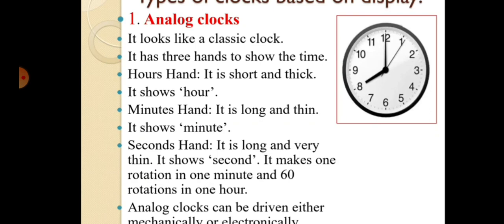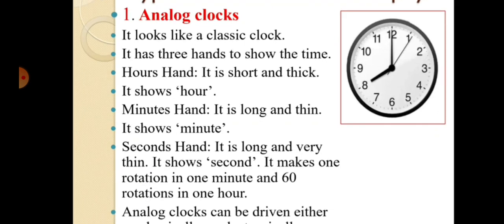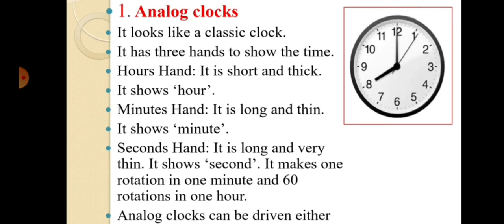Then we will see the digital clock. In a digital clock, you need not calculate hour hand, minute hand and second hand. It will directly display the time that you can see in the railway station.